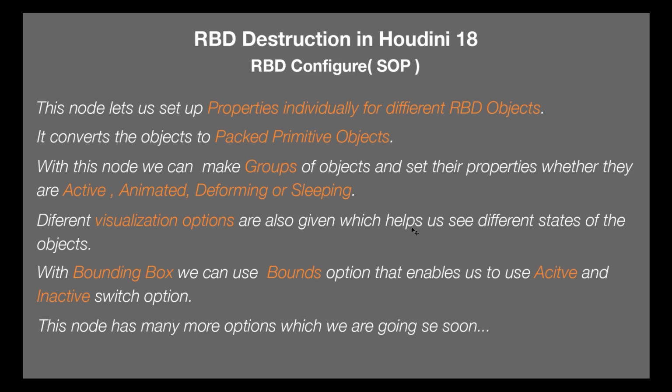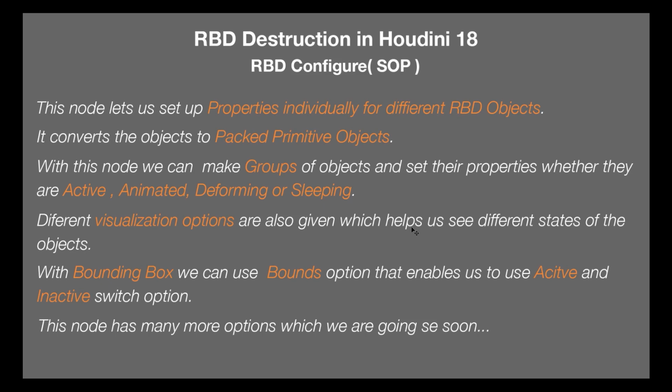And yeah, one more option is there. Maybe you can create groups, and on the basis of groups, you can define whether the object you are using is active or animated or deforming or slipping. So that option can be given by the groups.